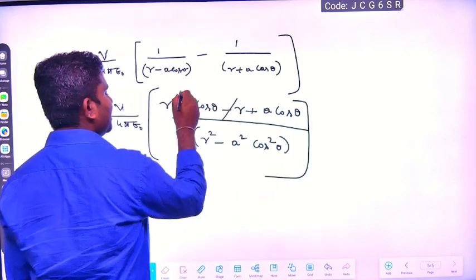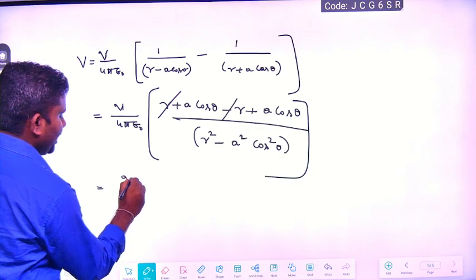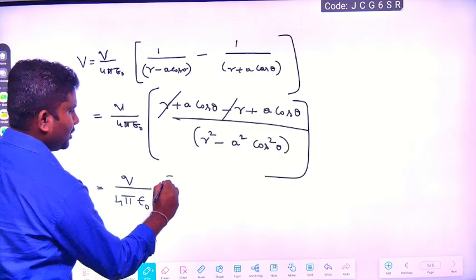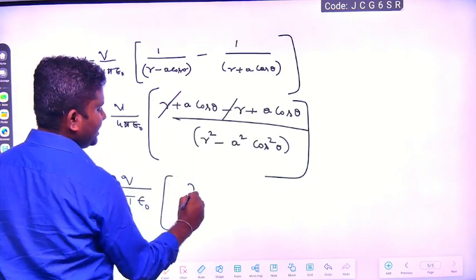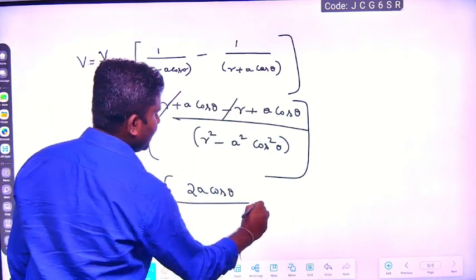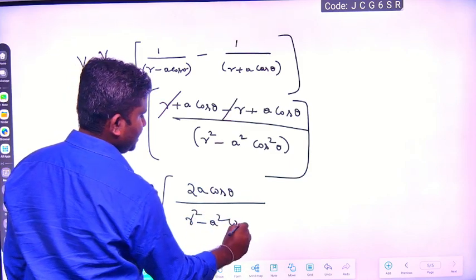The plus R and minus R cancel. What you will get finally is q divided by 4 pi epsilon naught, a cos theta plus a cos theta is 2a cos theta, divided by R square minus a square cos square theta.